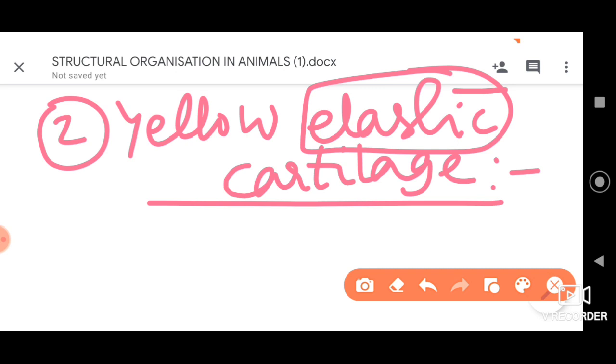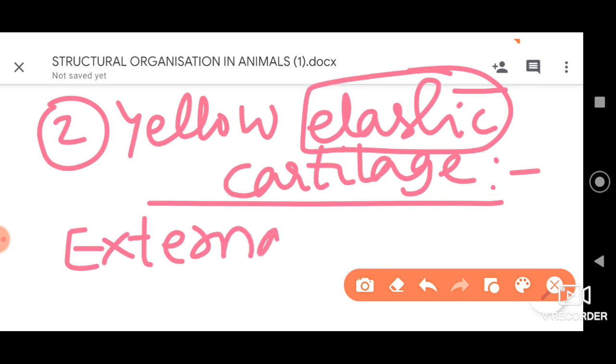So it is highly elastic in nature, highly flexible. It has of course very high fibers. As we can find in the external ear, the external ear is highly elastic because of the presence of the type of fibrocartilage called yellow elastic cartilage.